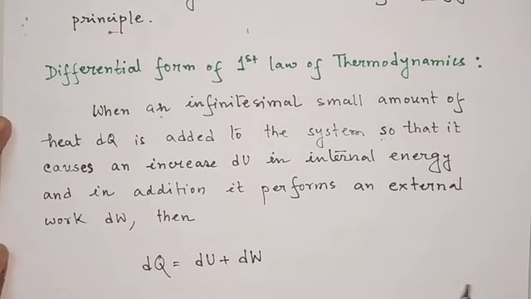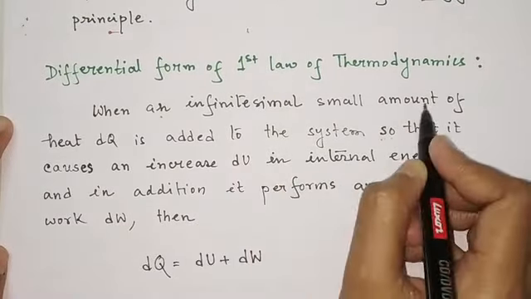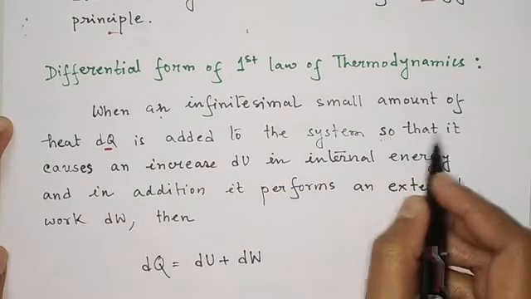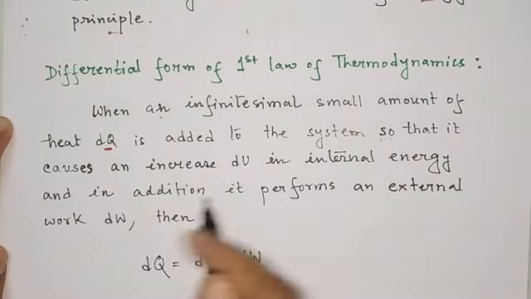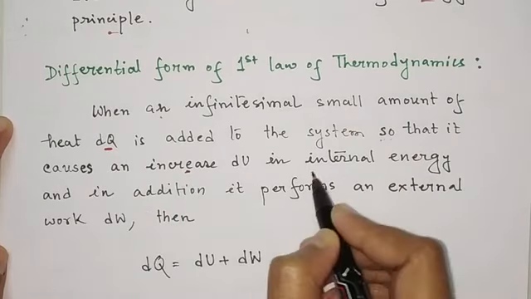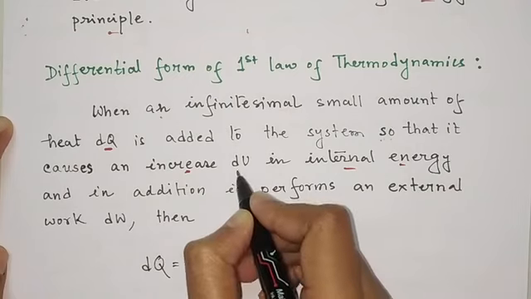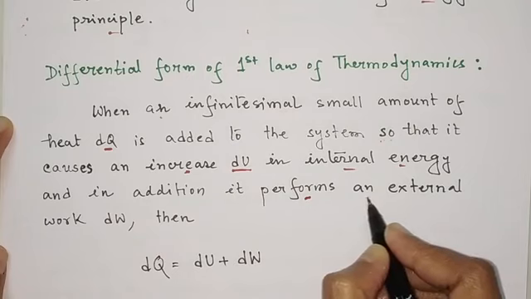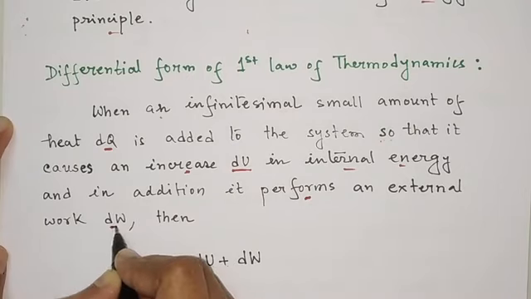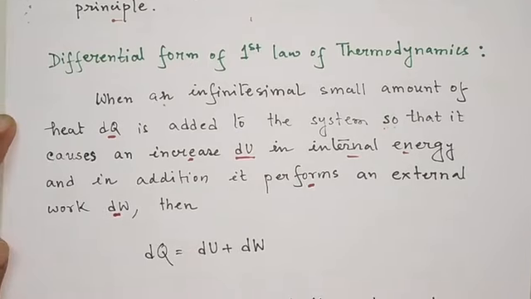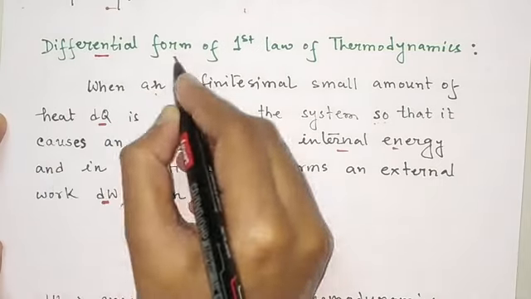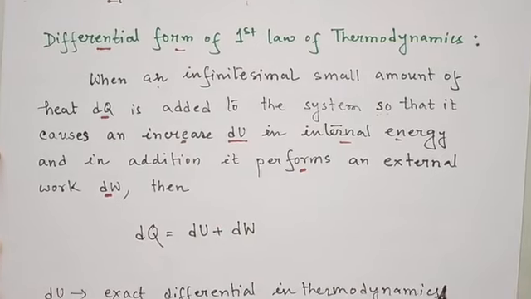When an infinitesimally small amount of heat dq is added to the system, this heat does two things. It increases the internal energy by a very small amount du, and in addition it performs a very small external work dw. Then according to the first law, dq equals du plus dw. This is the differential form of the first law of thermodynamics.